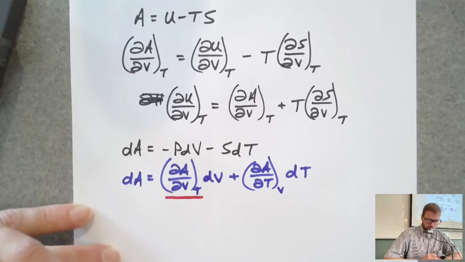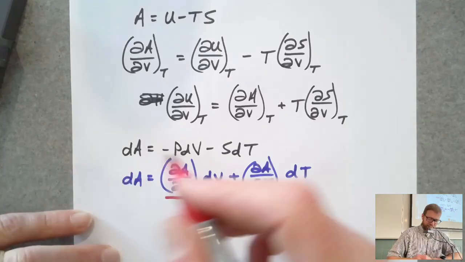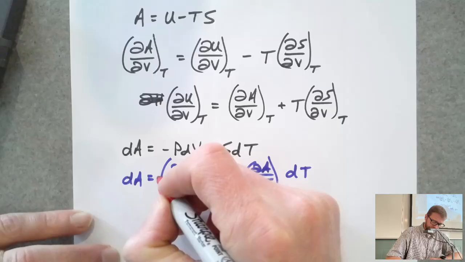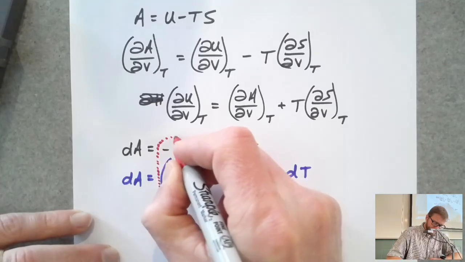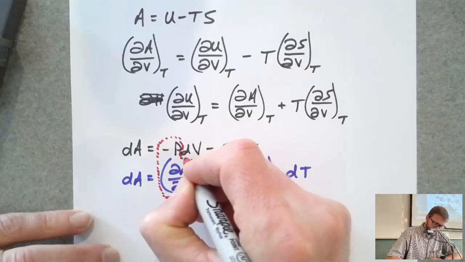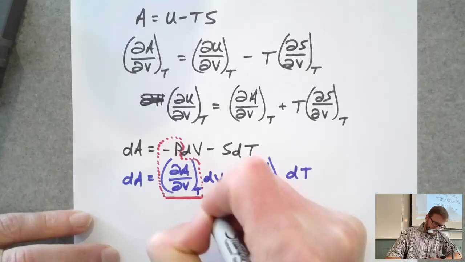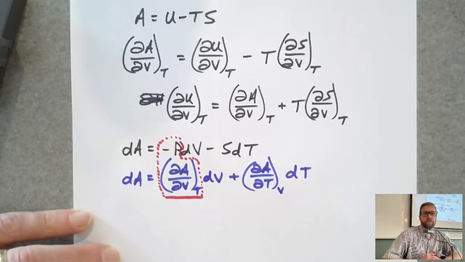It would not be 1. Wouldn't be 0. It would be negative P. Yeah. Those terms have to equal each other.